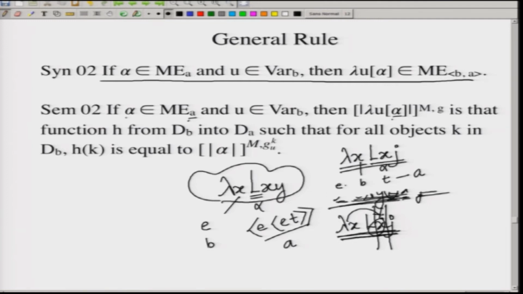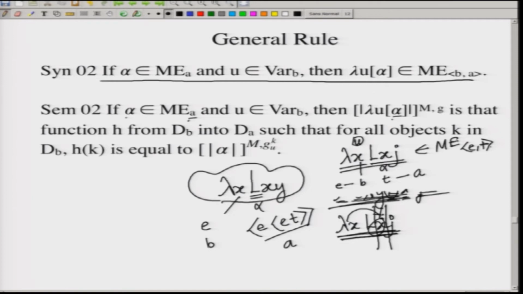B is actually E. So if this is the case, then here u is x. If that is the case, then this lambda expression will have the type B A, which means it will be E to T. This lambda expression then will belong to type B A, where B is E and A is T.